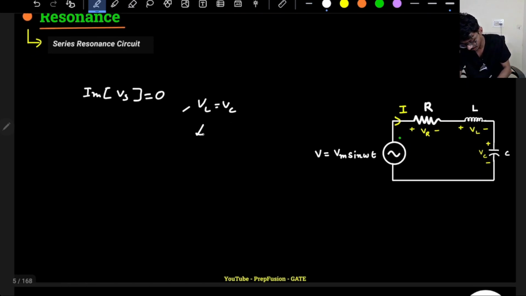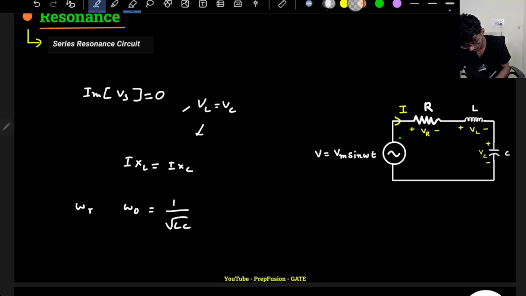From I into XL equals I into XC, I will get cancelled, so XL equals XC. So omega naught whole square will be equal to 1 by LC, or omega r, sorry. Remember omega naught whole square is 1 by LC. This is very helpful and can be used multiple times.